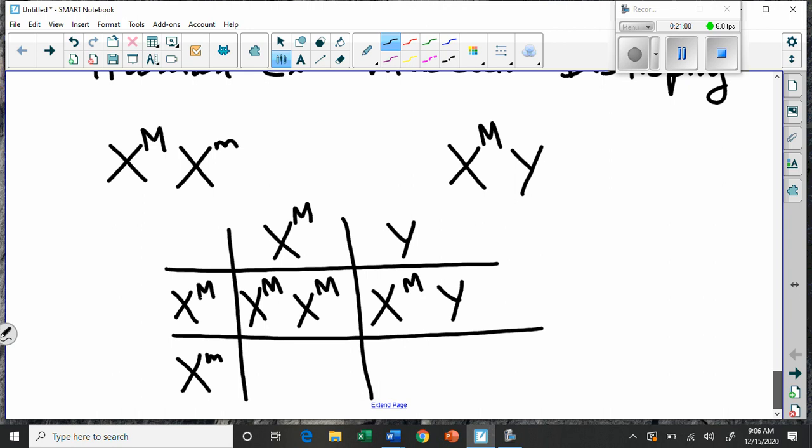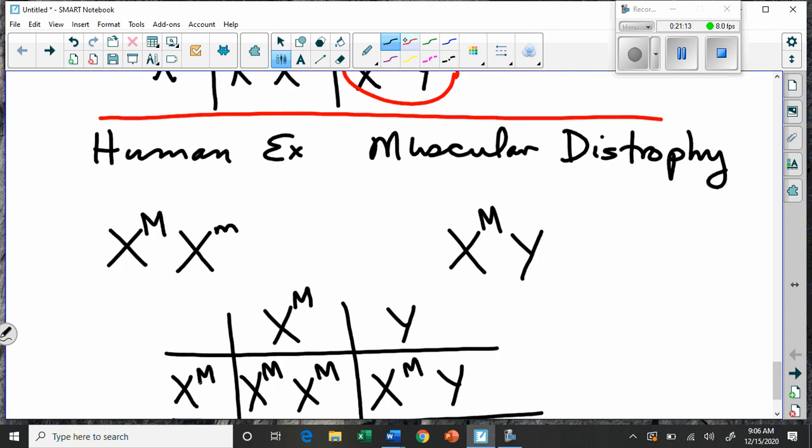We would see that out of the possible combinations, there is a 1 out of 4 chance right here. That's supposed to be a small m. This would be the one that could produce a male child who has muscular dystrophy.